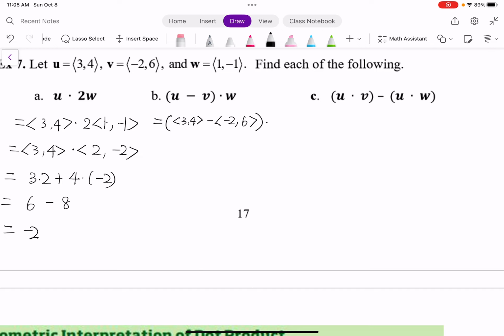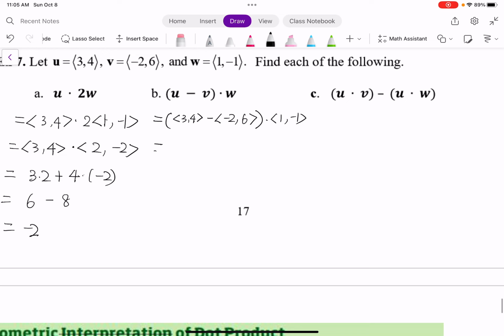Then do the dot product, (1, negative 1). And in the parentheses, let's do the subtraction. 3 minus negative 2 is 3 plus 2. And then the y part, or the vertical part, is 4 minus 6, negative 2. Dot product (1, negative 1).